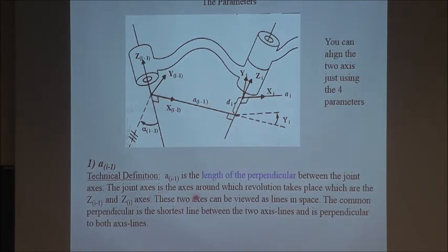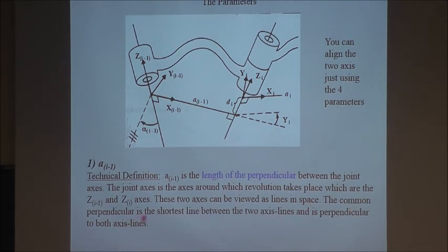The joint axis is the axis around which the revolution takes place, which are the Zi minus 1 and Zi axes, as you can see. These 2 axes can be viewed as lines in 3-dimensional space.